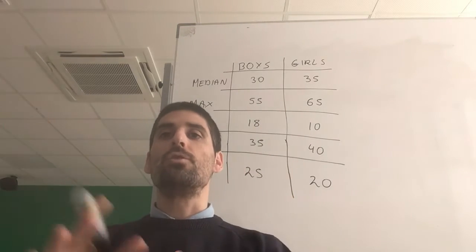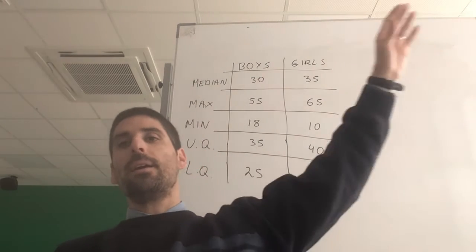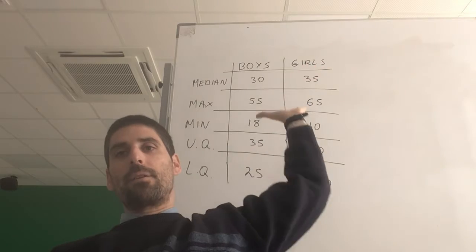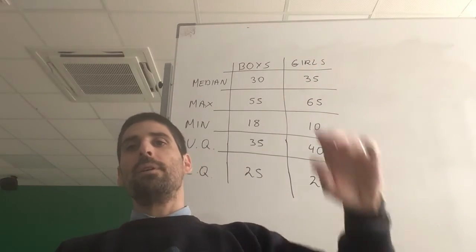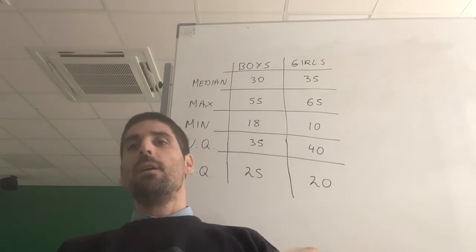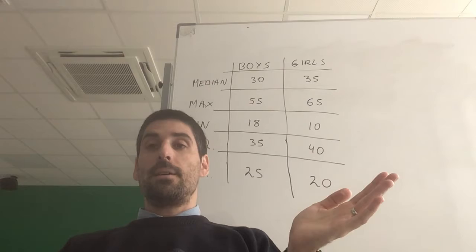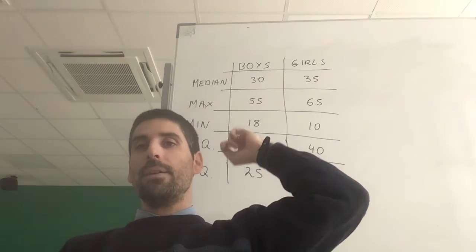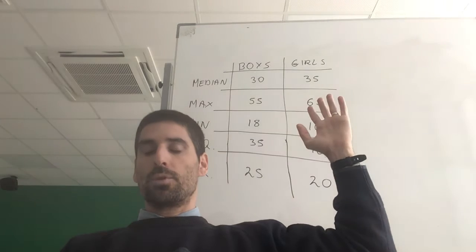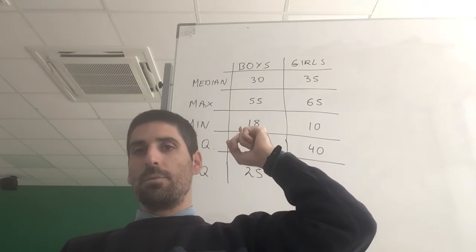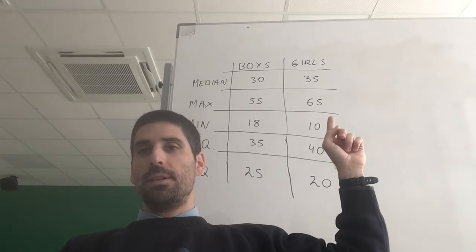These things, as usual, are better seen through an example. Here I've got some data, very traditional, very boring, comparing boys and girls. These could be the results of your last exam. The median for the boys was 30%, median for the girls was 35%. The maximum score for the boys was 55, for the girls 65.